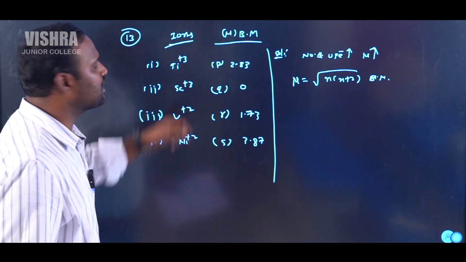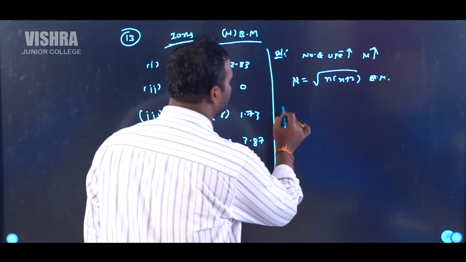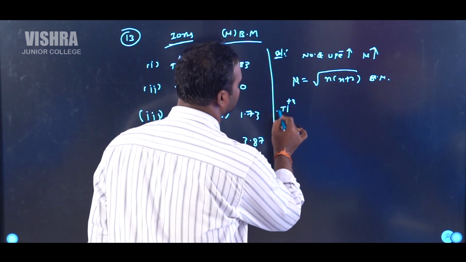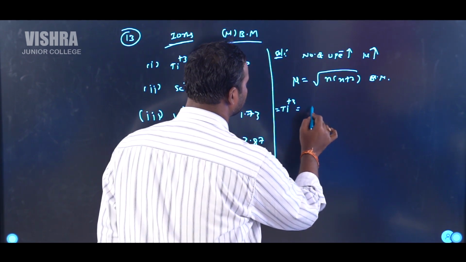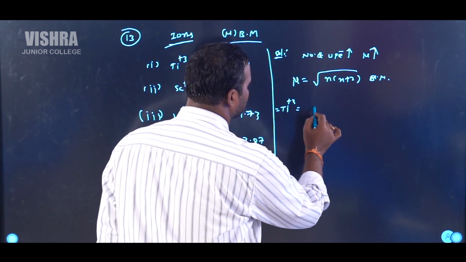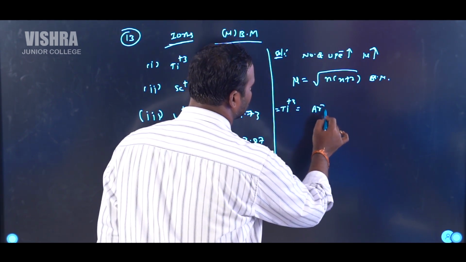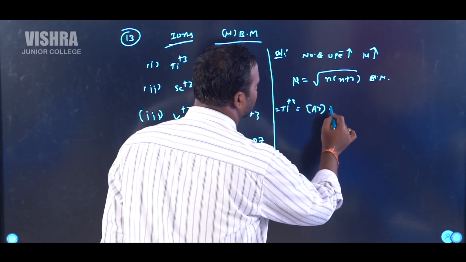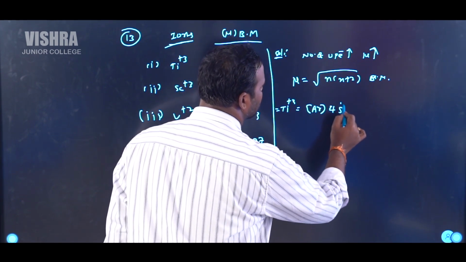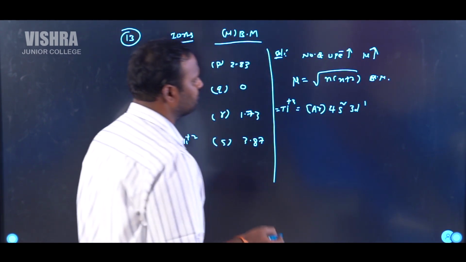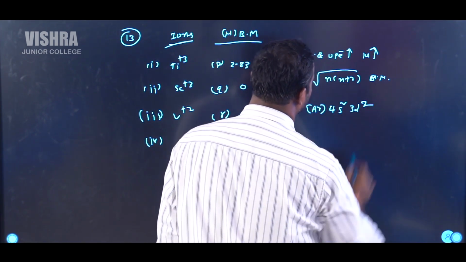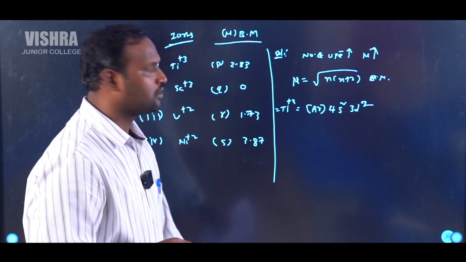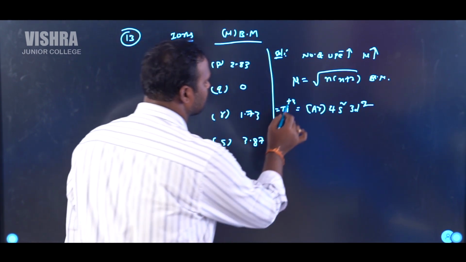Suppose we take titanium plus 3, what is the number of unpaired electrons in titanium plus 3? What is the electronic configuration of titanium? Argon 4s2 3d2, but it contains 3 positive charges.